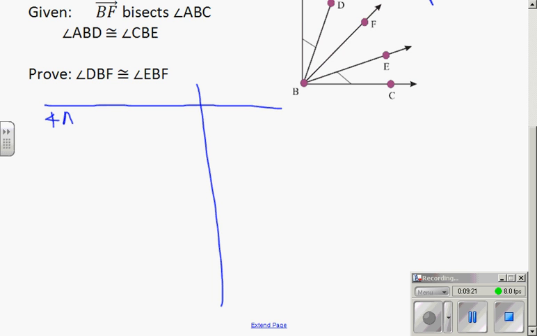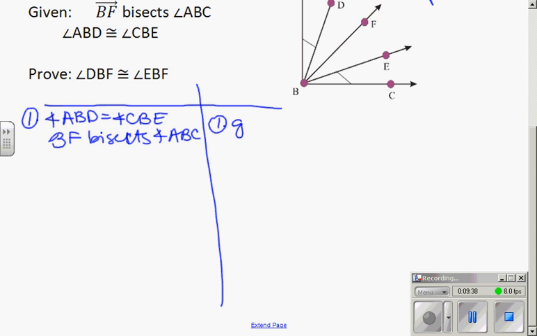They give me bisector, I'm going to come back to that one, and they give me equal angles. Tell me angle ABD is equal to angle CBE, and that BF bisects angle ABC, and that is given.